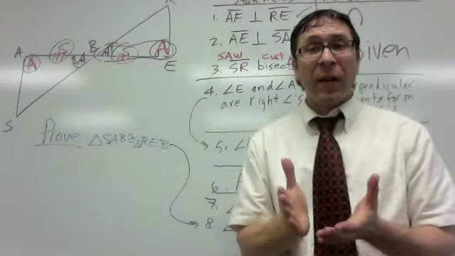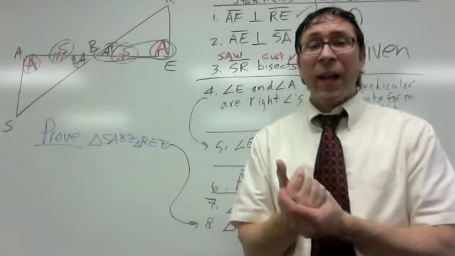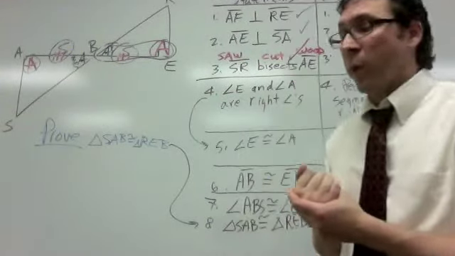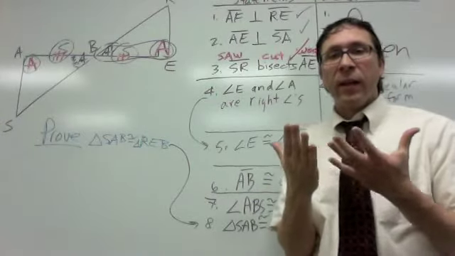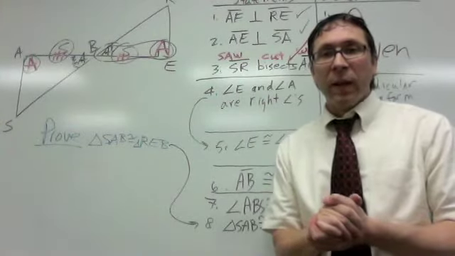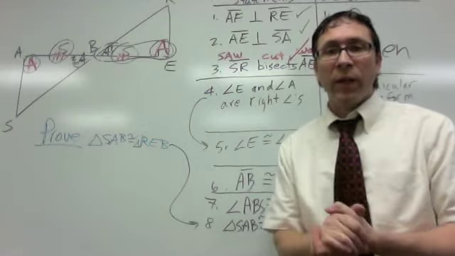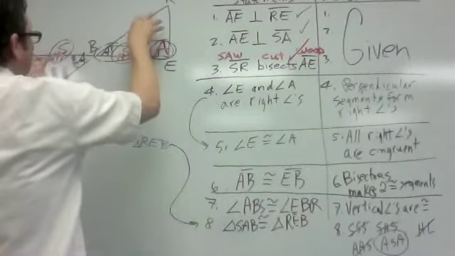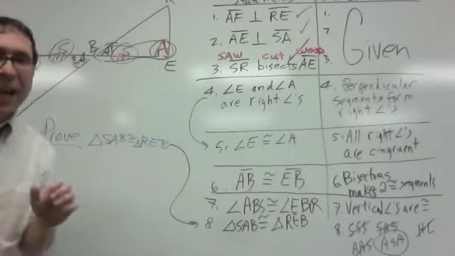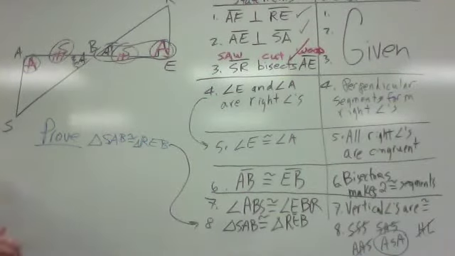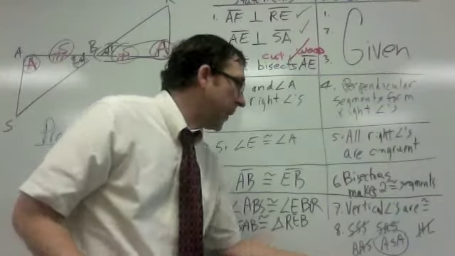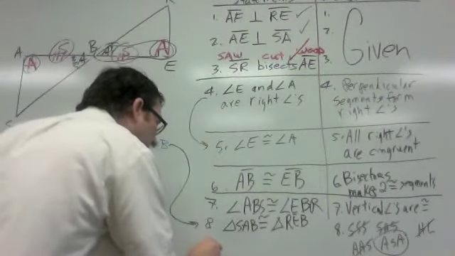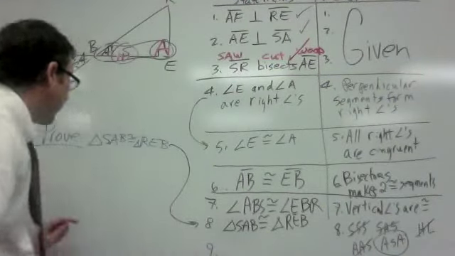All right, so final thoughts on the proof. Once we actually have that the triangles are congruent, we've got a very powerful thing in the palm of our hands. It's like winning the lottery or winning the jackpot. Once we know that the triangles are congruent, then we can say that anything else that looks congruent has to be congruent. And this can be written in the proof like this.